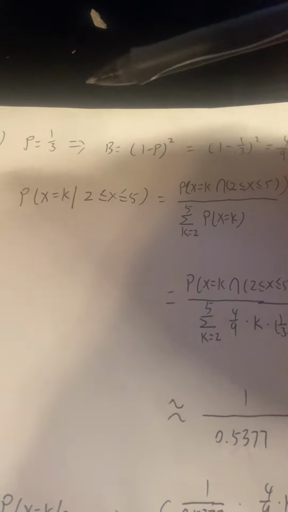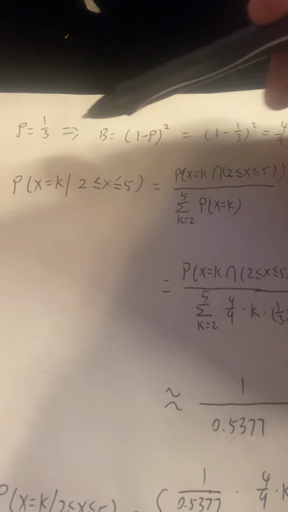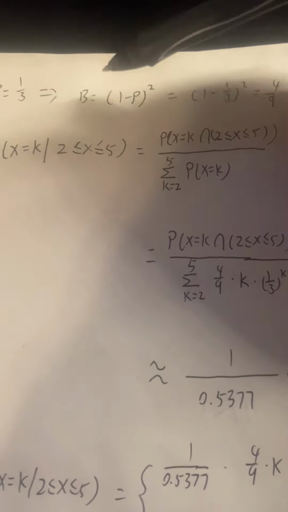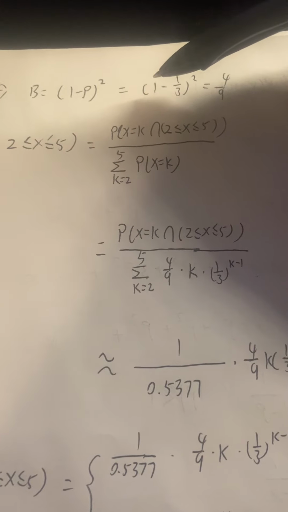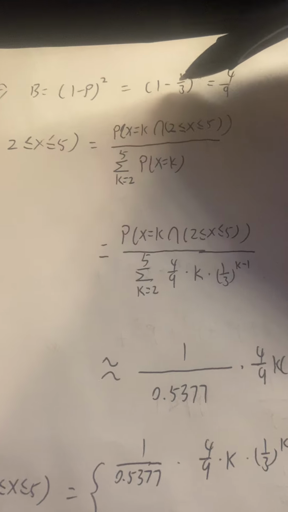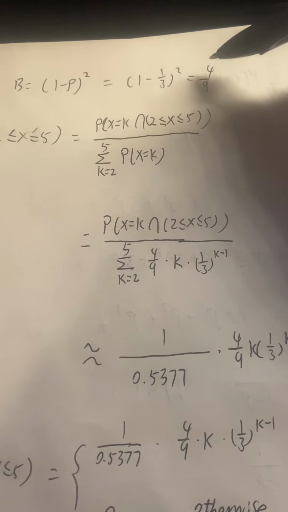At first, we know p is 1/3, so we can calculate b. b is 1 minus p squared, so it is equal to 1 minus 1/3 squared, which equals 8 over 9.